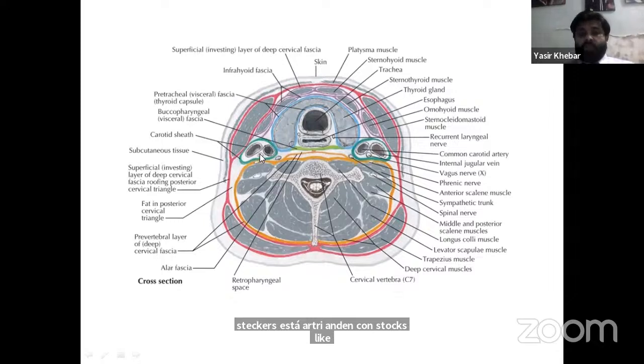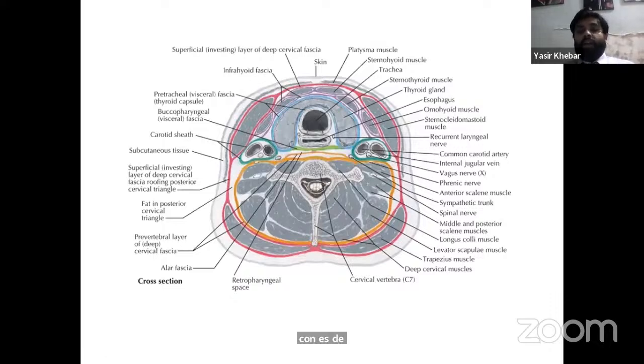This small structure is the vagus nerve. The artery could be either a common carotid artery below the thyroid cartilage, or an internal carotid artery above the level of the thyroid cartilage. And this structure is the internal jugular vein. So the internal jugular vein lies laterally, whereas the carotid artery lies medially.